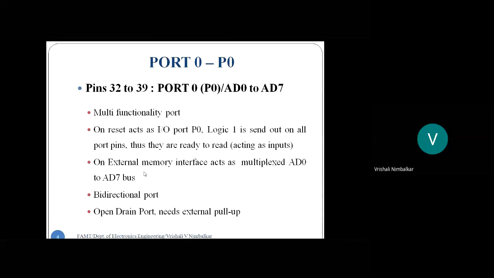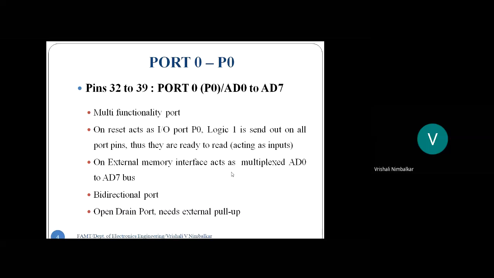And now, whenever the port behaves as a data bus, it's truly bidirectional. Okay, students? Whenever port 0 pins 32 to 39 act as data bus, these pins are truly bidirectional. But when it acts as an address bus, the pins 32 to 39 are unidirectional.